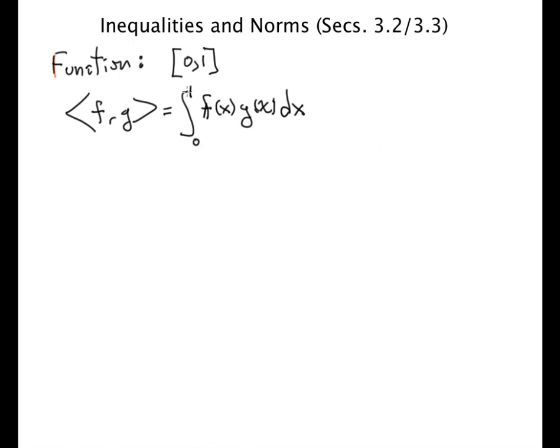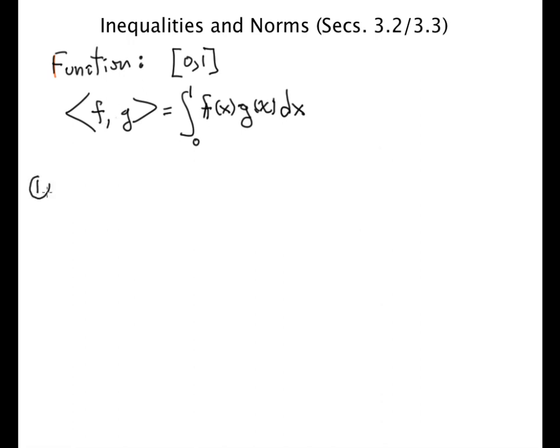I mentioned this as an example before. This is a perfectly good inner product. And Cauchy-Schwarz and the triangle inequality apply here. Even though this is an infinite dimensional vector space, it's not Rn or anything, it's just an infinite dimensional vector space, but the proof worked. That's one of the beautiful things about it. Everything about the proof was true.